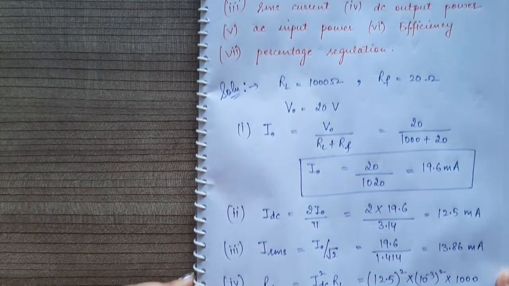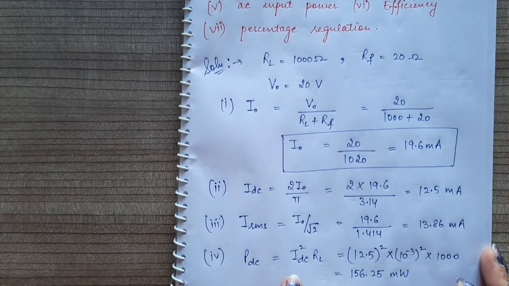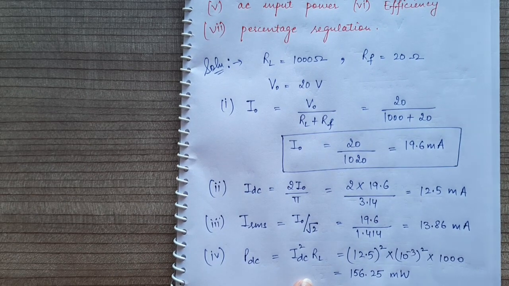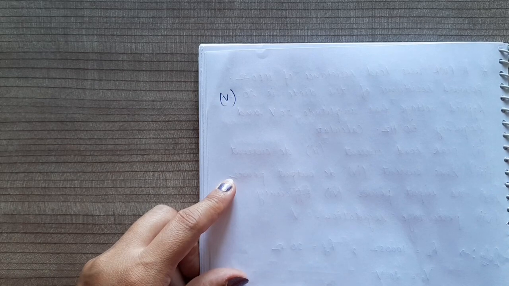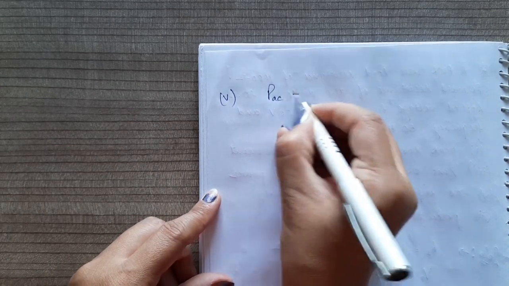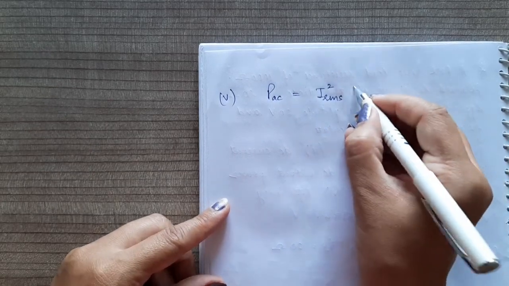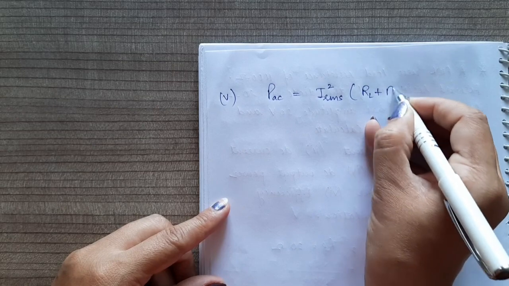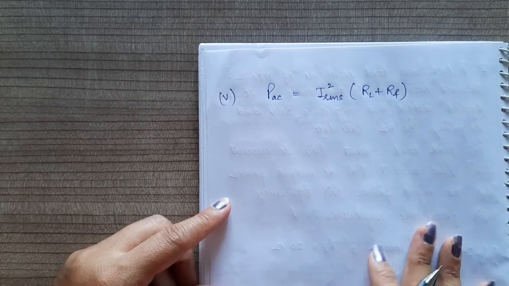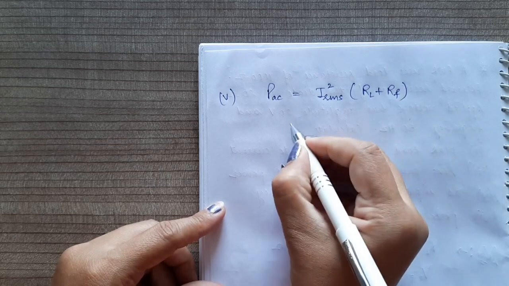Next we have to calculate AC input power. AC input power will be IRMS square into RL plus RF. IRMS square contains AC as well as DC, and since it is the input power, we take RL as well as RF.